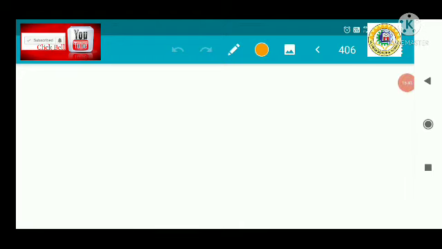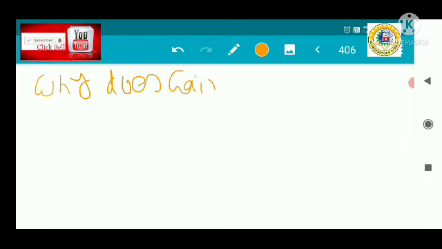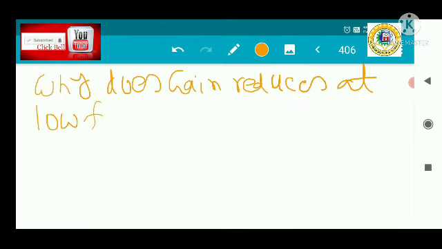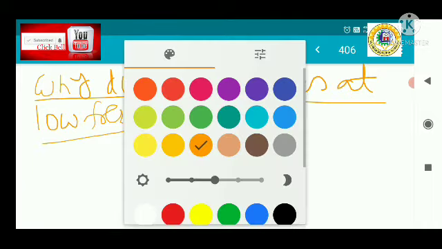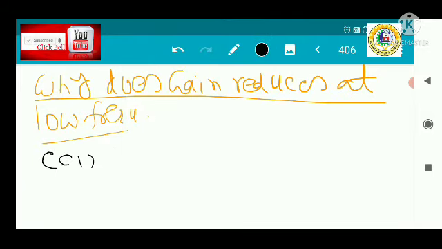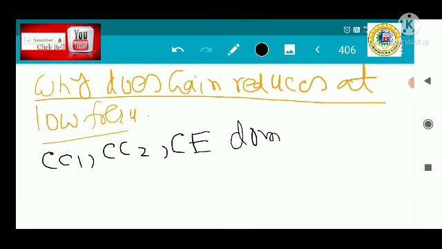Next we will study why gain reduces at low frequency. What are the factors responsible for that? At low frequency, CC1, CC2 and CE actually dominate.